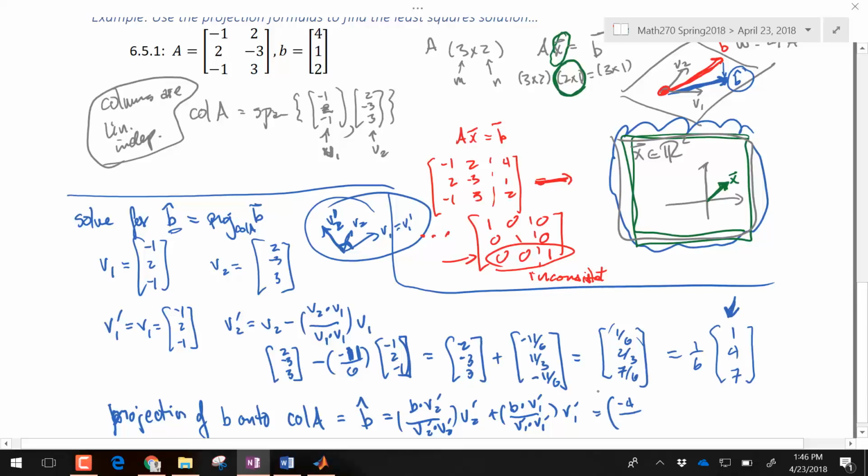And then V1 dotted V1. Oh, wait, I did this. Still 6. I did it backwards, sorry. I did V1 first. So V2 prime is this one. Remember that 1/6? We can keep the 1/6 there if we want.